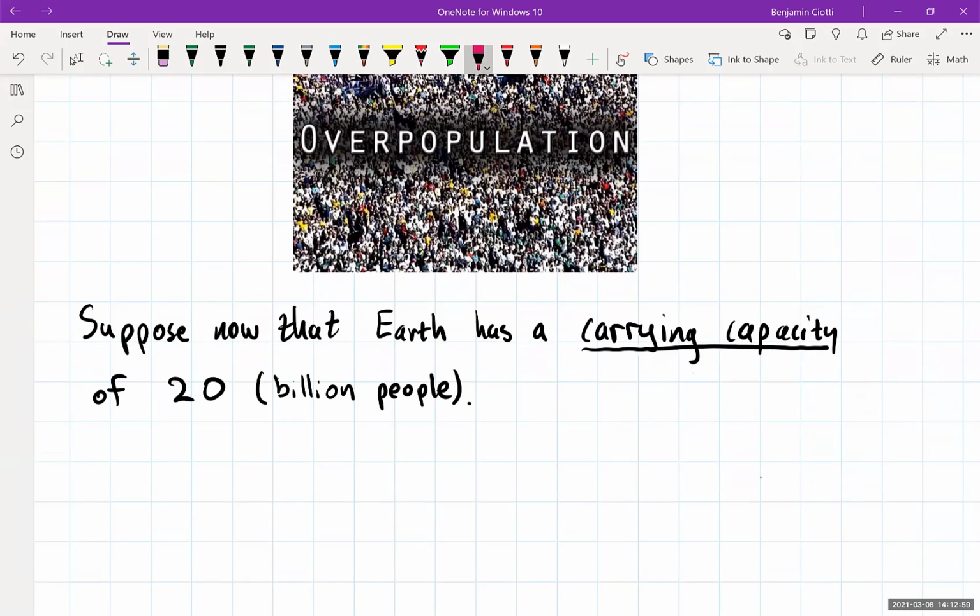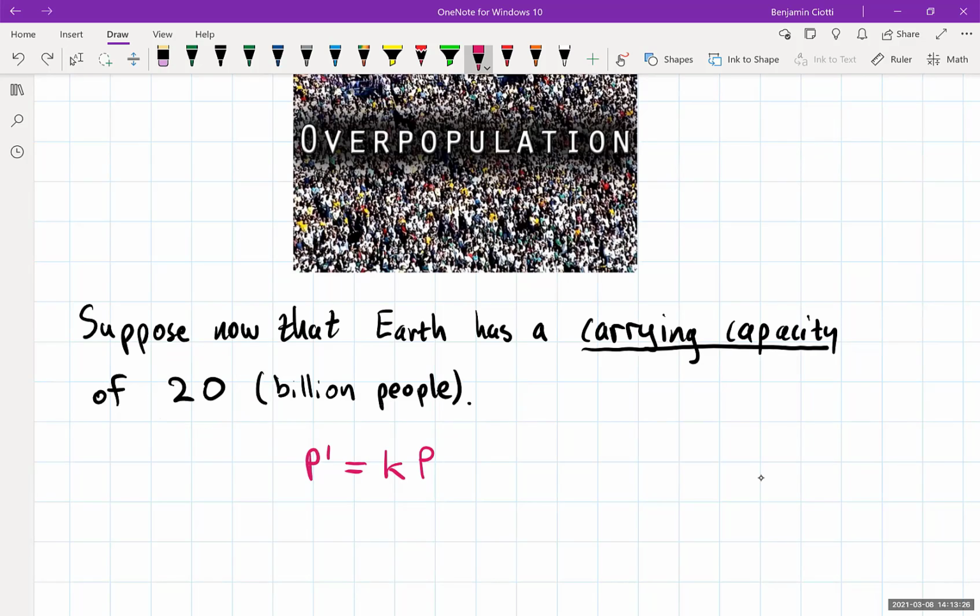The old model was that P prime was KP. I'm now going to modify this model and add an extra term, which is going to slow down the rate of population growth as we approach the carrying capacity of 20.